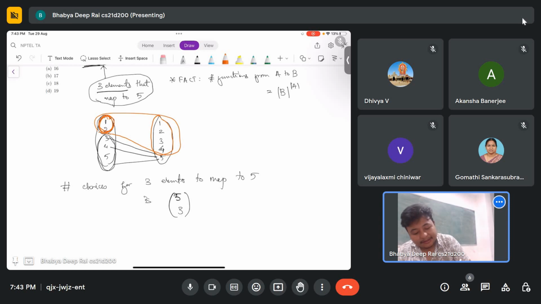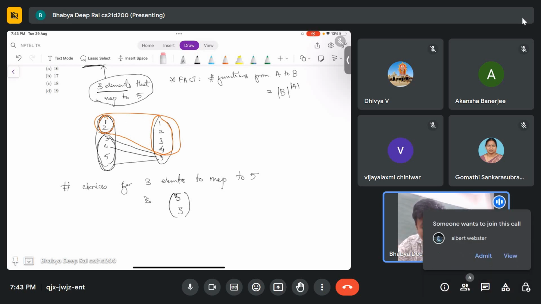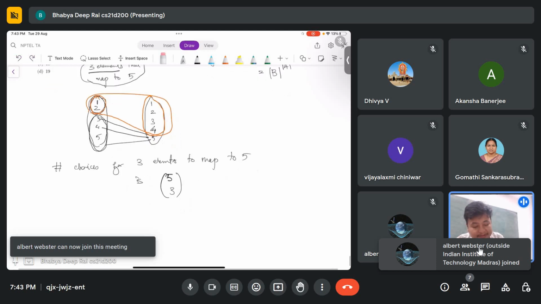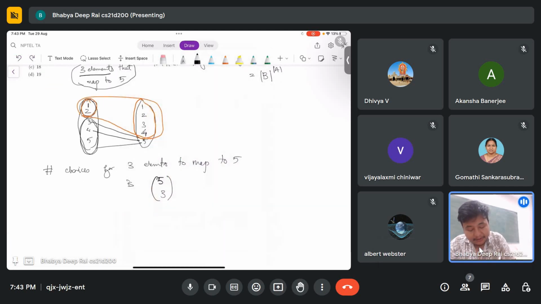I'll repeat: the choices for how this 1, 2 will get mapped among these remaining elements will be as good as counting the number of functions from this set 1, 2 to this set 1, 2, 3, 4.